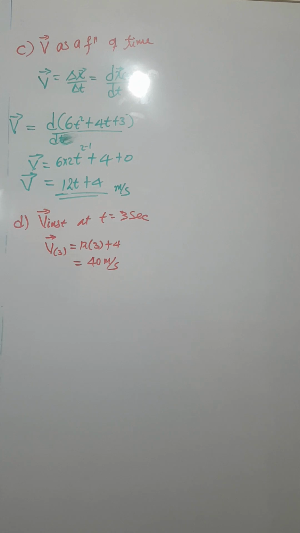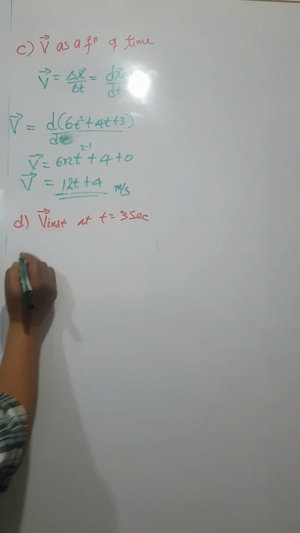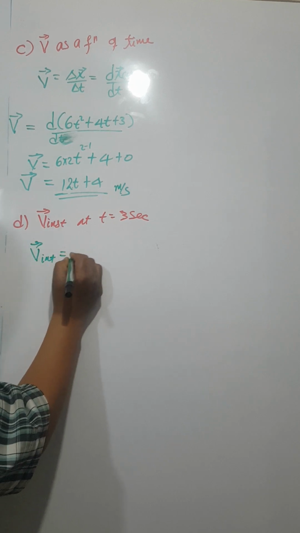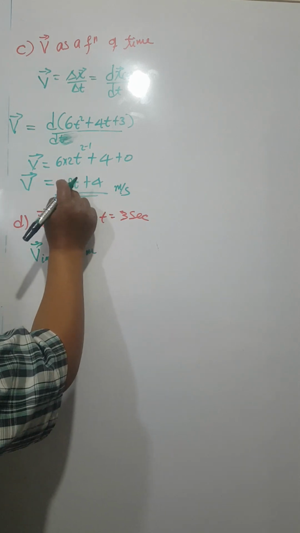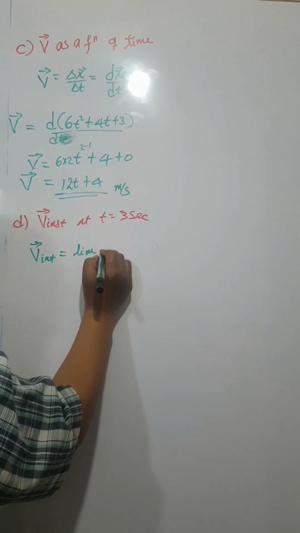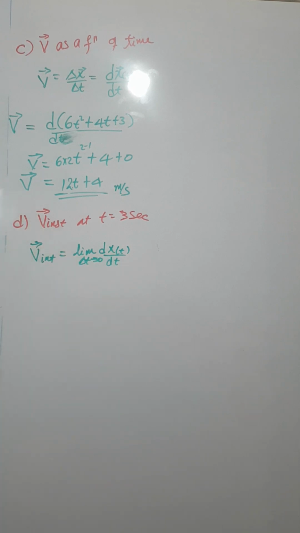Or let's check another way. V instant is equal to the limit of ds over dt as change in t approaches 0.